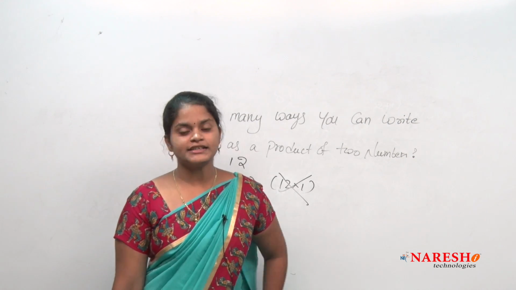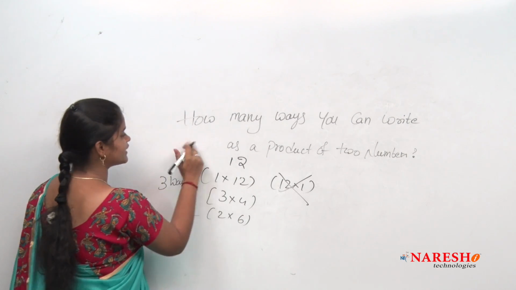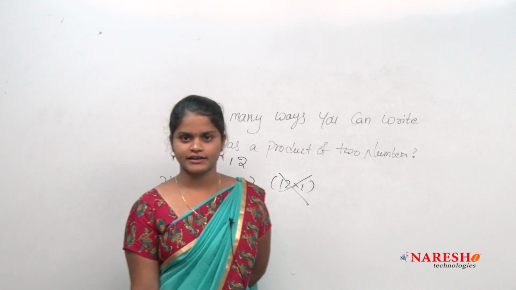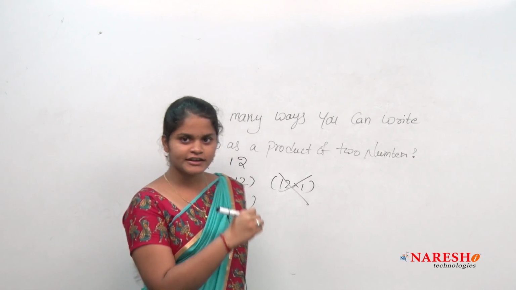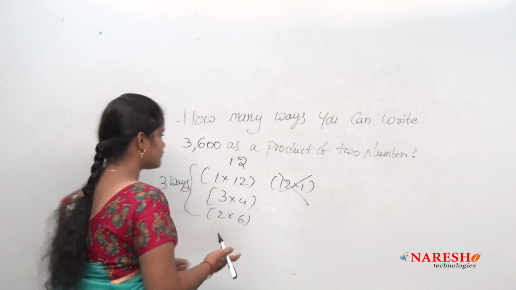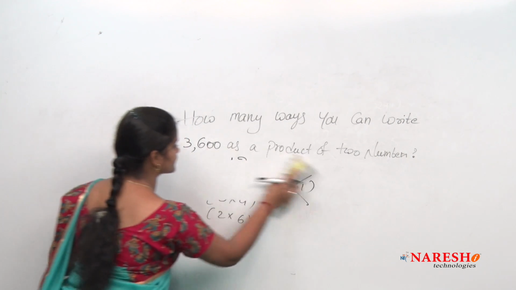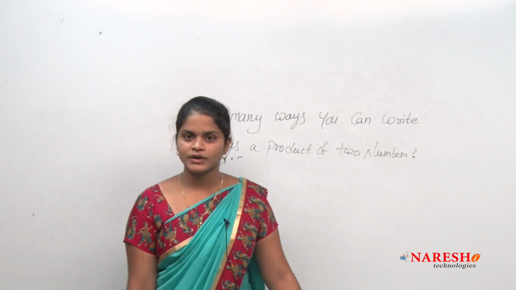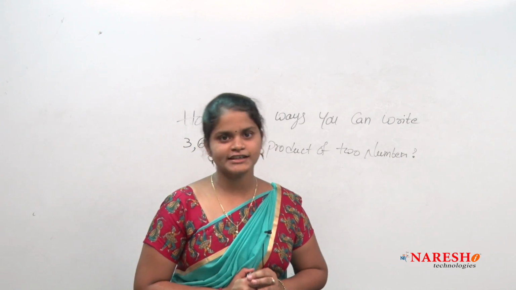For example, instead of 12, if there is like 3600. Now how can I write? Can I sit and write 1 into 3600, 2 into? No, right? So we are following a method. Listen carefully. Before, for 12, there are how many factors? 6 factors.